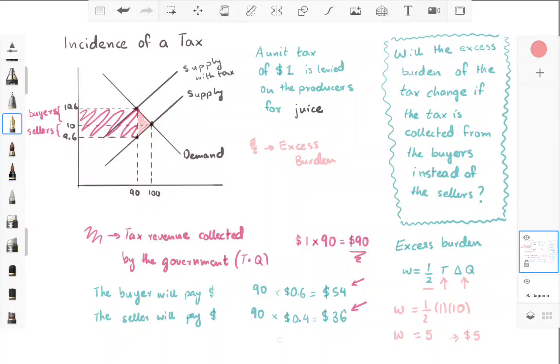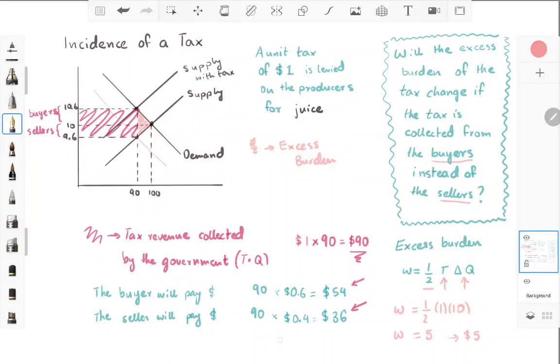And we have an important question here, and that is, will the excess burden of the tax change if the tax is collected from buyers instead of the sellers? So if we try to imagine this on the graph here, we will see that the demand will shift downwards, and we can draw a quick line here.